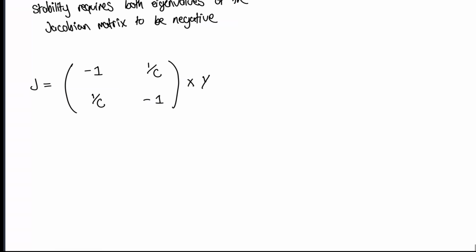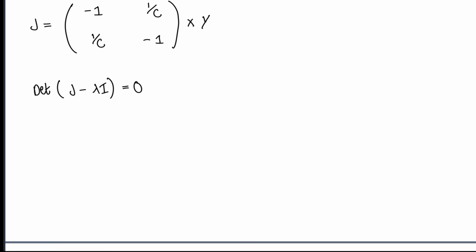In order to do that, we need to find a characteristic equation, which is done by solving the equation det of this Jacobian matrix minus lambda, the identity matrix, and we equate this to 0. So if we do this, we get minus gamma minus lambda, gamma over c, and gamma over c again, and then minus gamma minus lambda, and that's equal to 0.